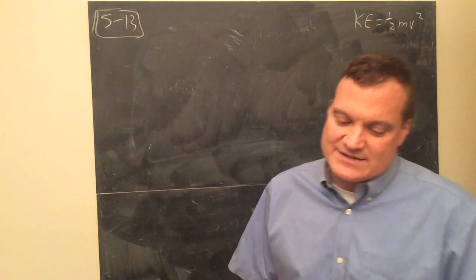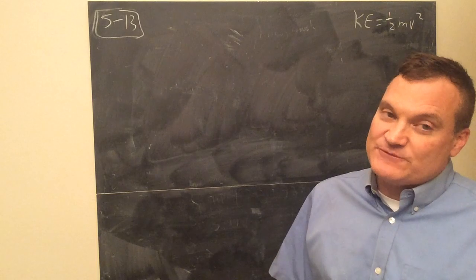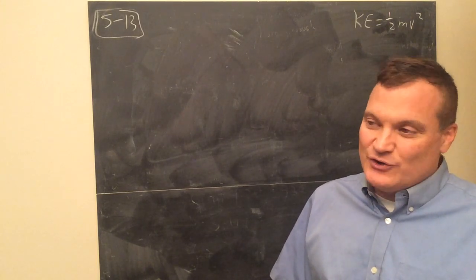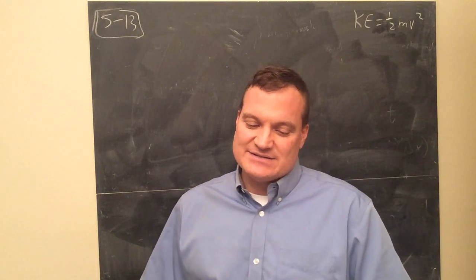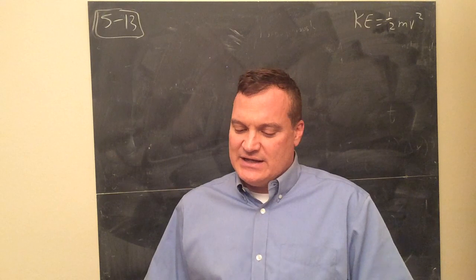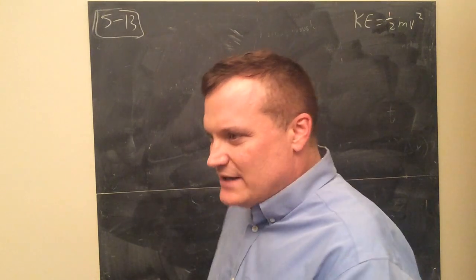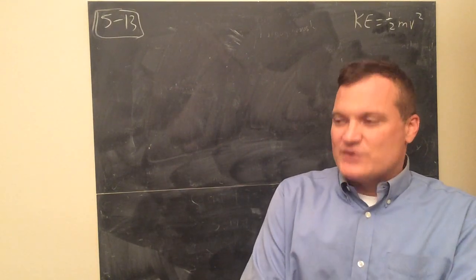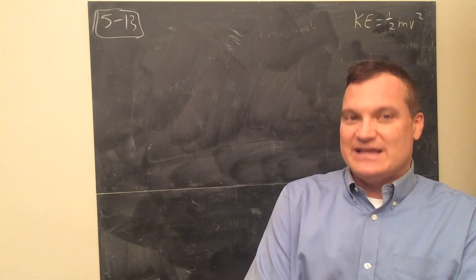Here's what his law reads: at the same temperature and pressure, the rates of diffusion for different gases are inversely proportional to the square root of their molar masses, or their densities. He actually stated his law in terms of densities. So the rate of diffusion or effusion is inversely proportional to the square root of the gas densities.